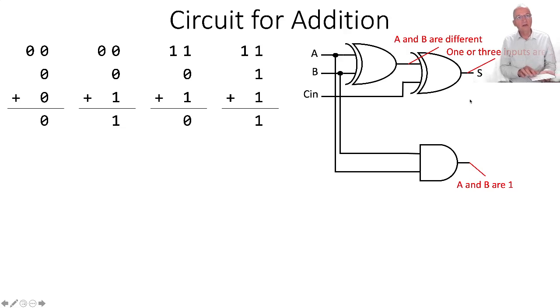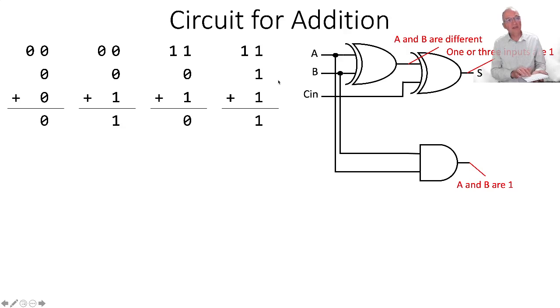And so this tells me that one of these 3 inputs is 1. Not 2, but at least one of them. Sorry, 1 or 3. So in this case, if I have this situation here, I end up with a 0 because I have 2 inputs. In this situation, I have 1 input equal 1, so I end up with a 1. What happens in this situation? If I do an XOR of A and B, that will give me a 0.